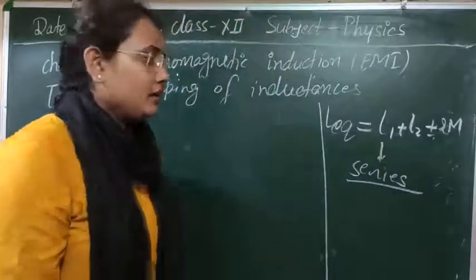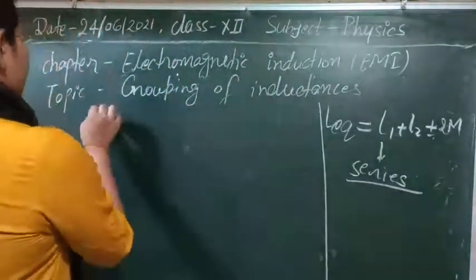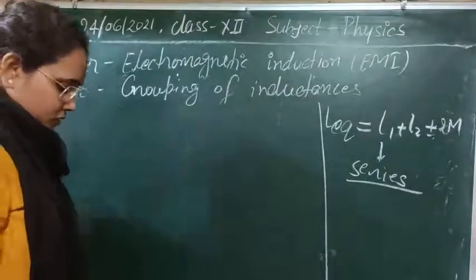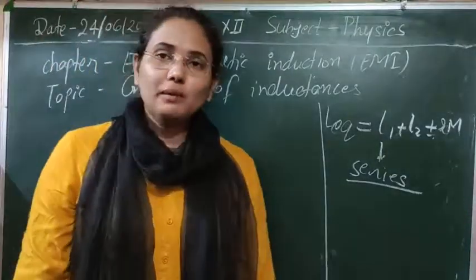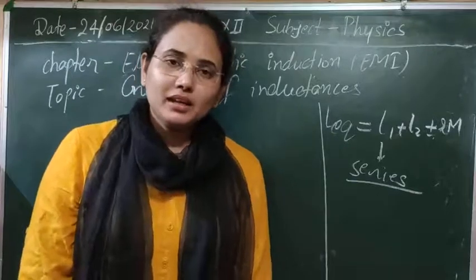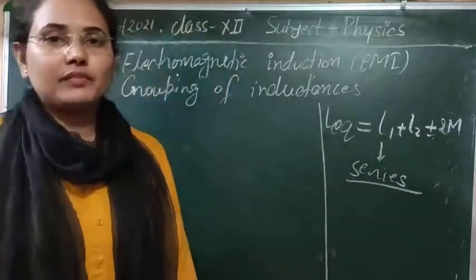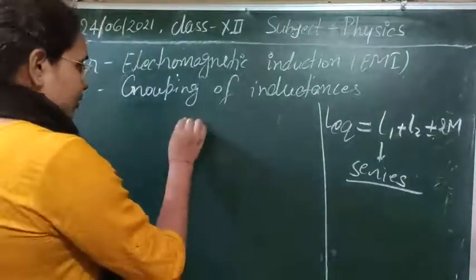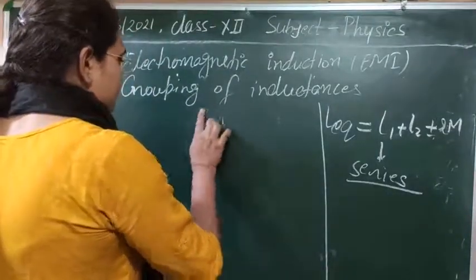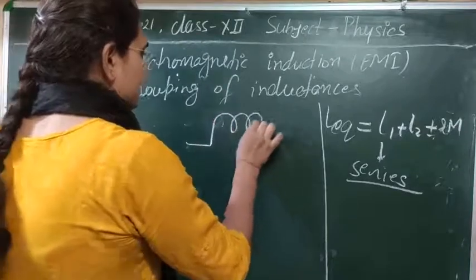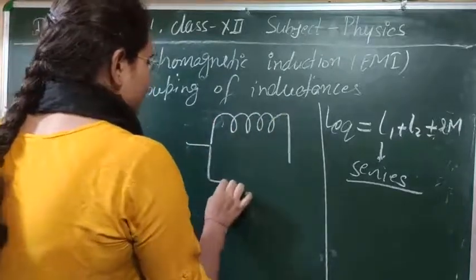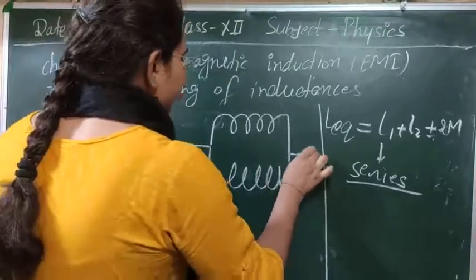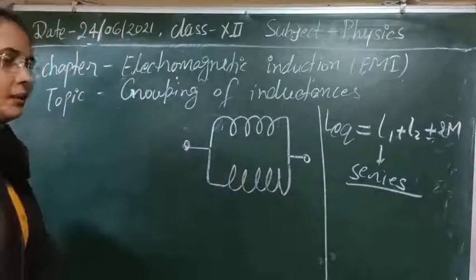Clear, I think. Next, let's see what happens if we combine the two inductors in parallel. For the parallel combination, you know that the current that reaches a junction is distributed. Suppose we have one coil and a second coil, connected in parallel.